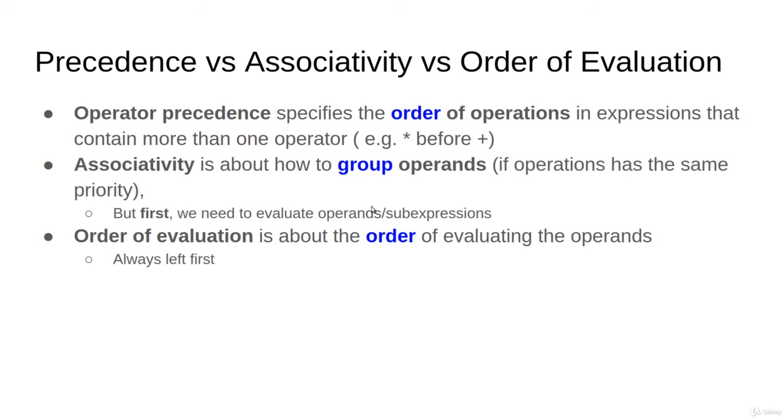When I say 3 plus 5, the 3 is ready, the 5 is ready to be added. But if you have a big expression plus a big expression, here the order of evaluation comes into the scene and tells us that we'll evaluate the first operand first, then the second operand. Once we are ready, we start to apply the precedence and associativity. Yeah, that's all.